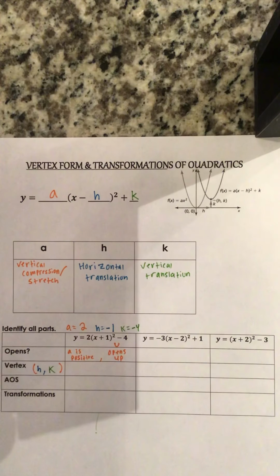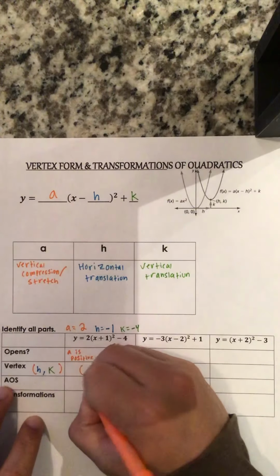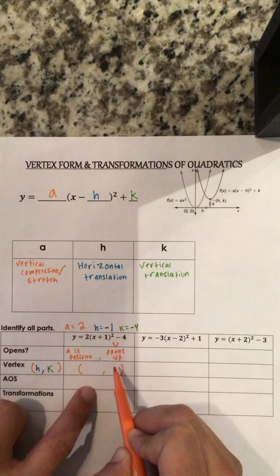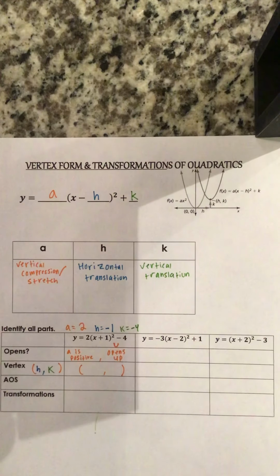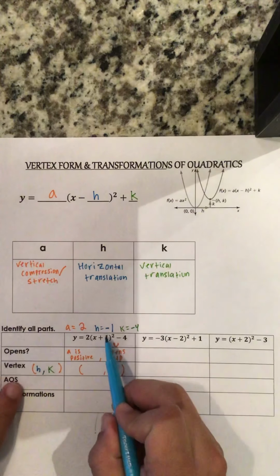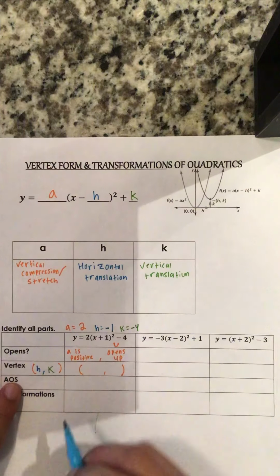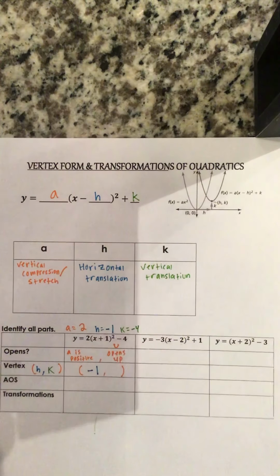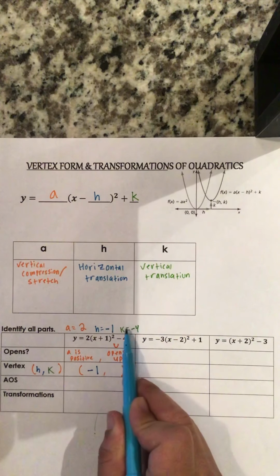That's the vertex. Now what that means is we plug in the H and K from the equation into an ordered pair, okay? So if I look up here, my H is -1. So instead of H, I'm going to put -1 here, okay? My K is -4.